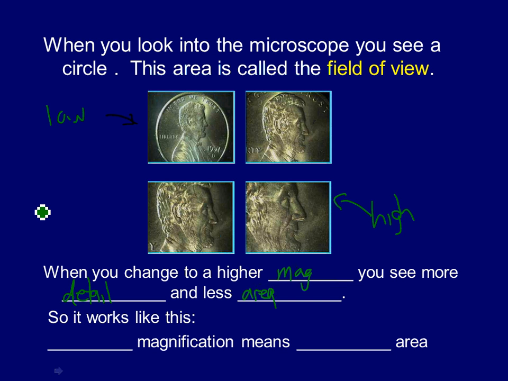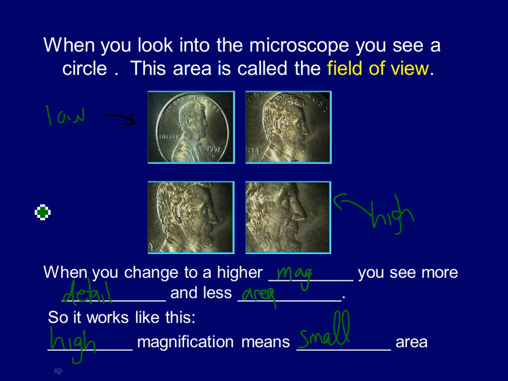So it works like this in terms of area. If we have a high magnification, what happens to the amount of area we can see? As the magnification goes up, what happens to the area? It gets small. We end up with a small area.